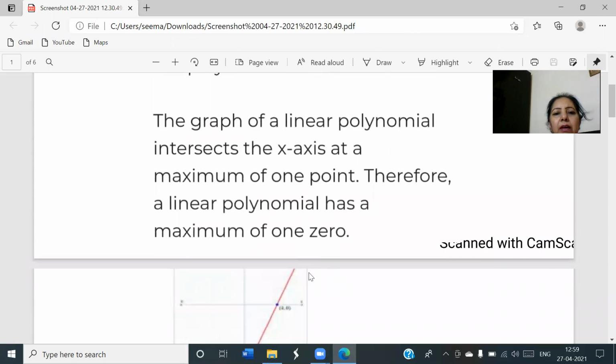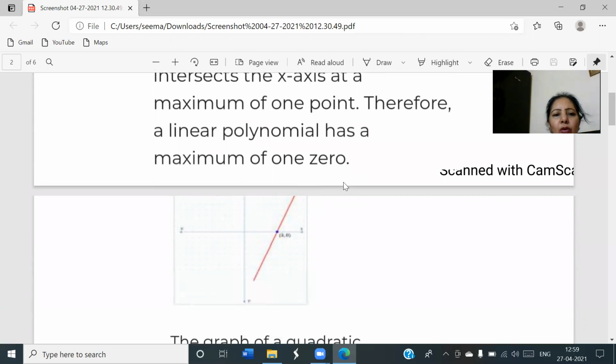The graph of a linear polynomial intersects the x-axis at a maximum of 1 point. Here we are discussing a linear polynomial. You can see the graph of a linear polynomial here. It intersects the x-axis at 1 point.